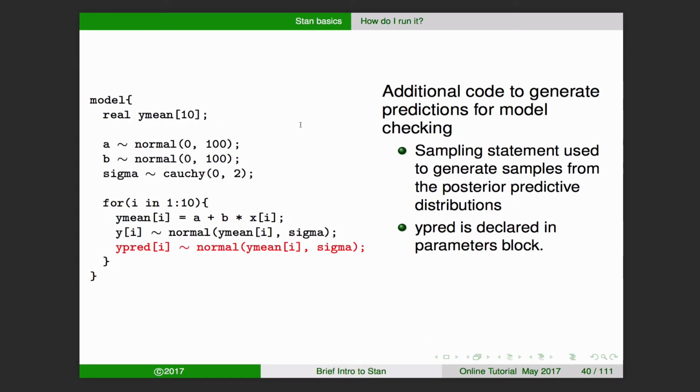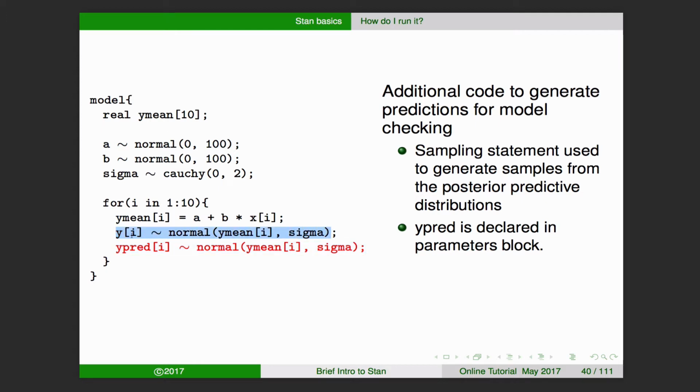It's also possible to specify some additional code to generate predictions for model checking. In particular, it's possible to use a sampling statement just like the one we did for our likelihood to generate samples for posterior predictive distributions. And so I'm doing that right here. Notice that this statement is just like my likelihood statement.